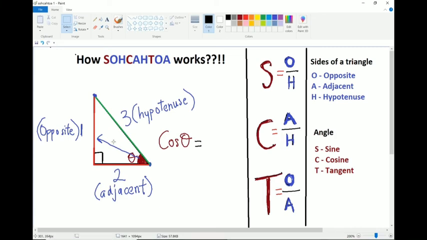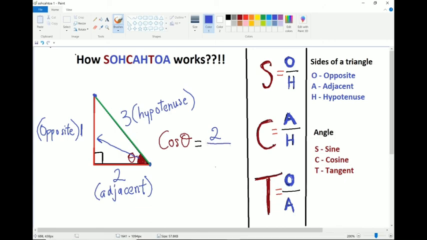So you come to your triangle and you say, okay, what is the adjacent of this angle? Well, we know that the adjacent is going to live on the L, and we know that it's not going to be the opposite, right? It's not going to be the side that is across from the angle. It's the other part of the L. So that means that my adjacent is the side labeled 2.